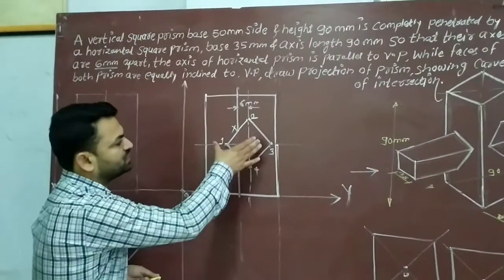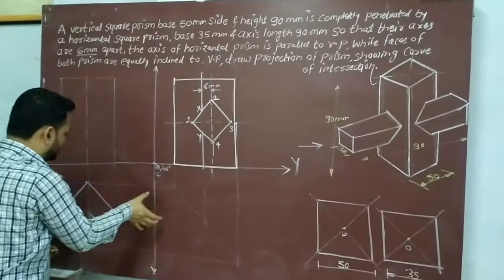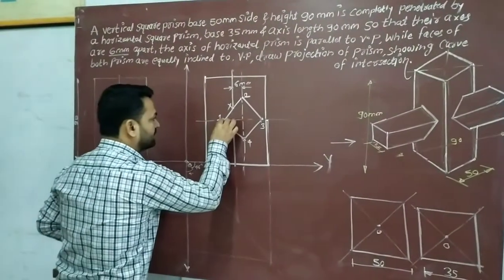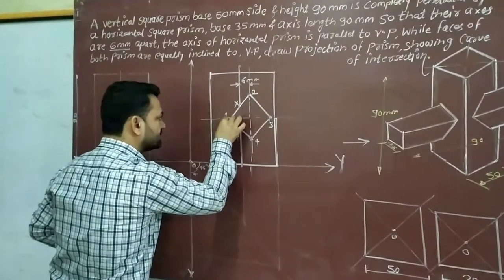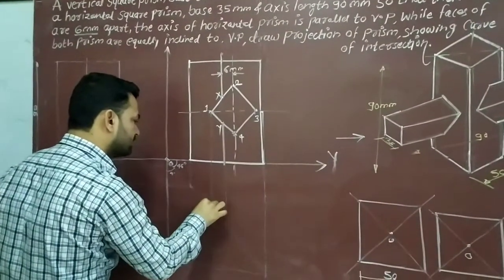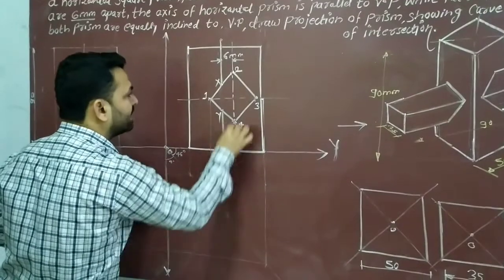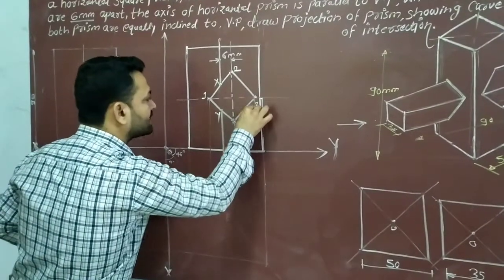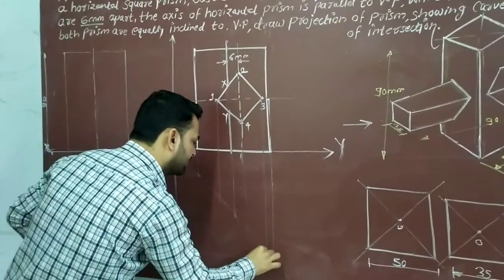We have to take projection of this side view into the top view as well as into the front view. So step by step I am going to take projection of this point 1, X and Y, 2 and 4, and the last point is point number 3.